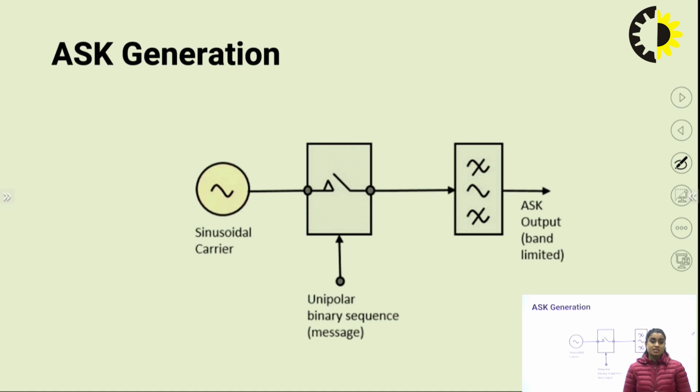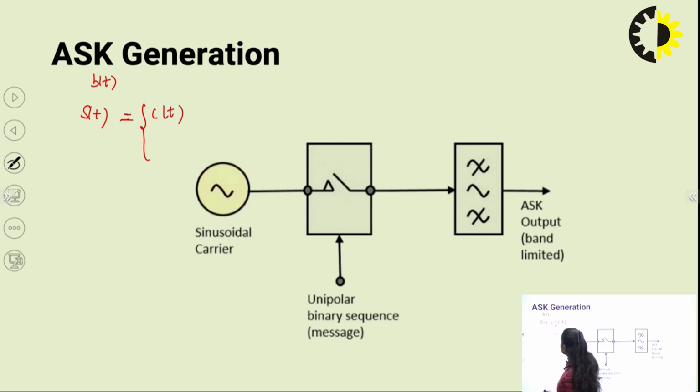Now if I talk about the generation, how can I generate such a wave? What kind of output do I need? If S(t) represents my output wave, where B(t) is the binary input, my S(t) will be equal to the carrier, C(t), for binary input 1, and it will be 0 for binary input 0.